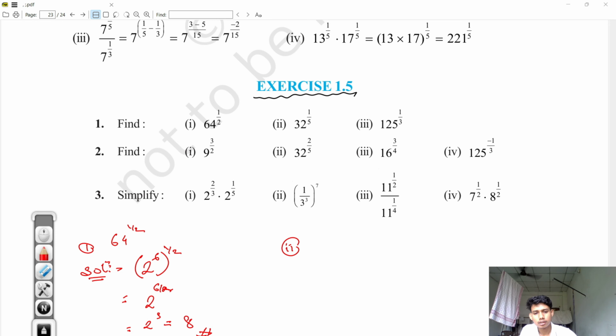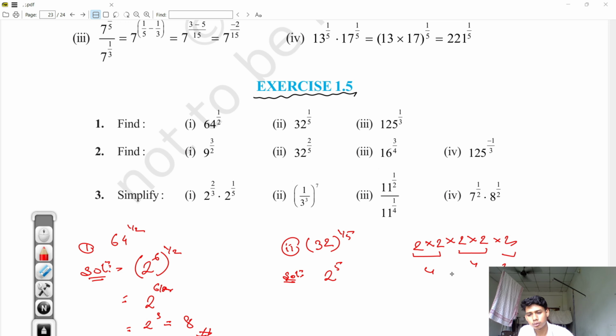Similarly, question 2, it says 32 to the power 1 by 5. अब 32 को भी हम लिख सकते हैं 2 to the power 5. 2 into 2 into 2 into 2 into 2. ये बन गया 4, ये बन गया 4, ये आ गया 2. 4 4 जा होता है 16 और ये हो गया 2. 16 times 2 equals to 32.